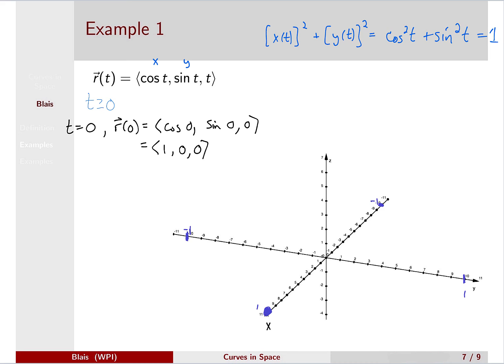This means that no matter what the value of the parameter t, if we think of it as time, no matter what time it is, the x-coordinate squared plus the y-coordinate squared equals 1. Now in 3 dimensions, x squared plus y squared equals 1 is a right circular cylinder.